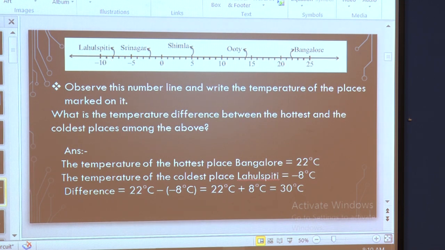Difference is equal to 22 degrees, the Bangalore temperature, minus, because we have a negative integer for Lahaul Spiti, minus 8 degrees Celsius. You know minus into minus is plus. So, 22 degrees Celsius plus 8 degrees Celsius. When it is addition, you do the simple addition: 22 plus 8 is 30 degrees Celsius.